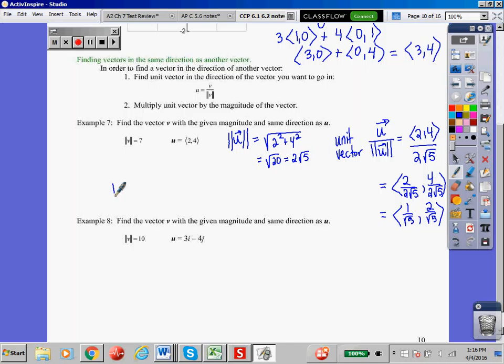So then all you're going to do to find v is take 7 times, and we're not going to rationalize here. I mean, you can, but you don't have to. So then my v vector is 7 over radical 5, comma 14 over radical 5. It's a little weird, but true.